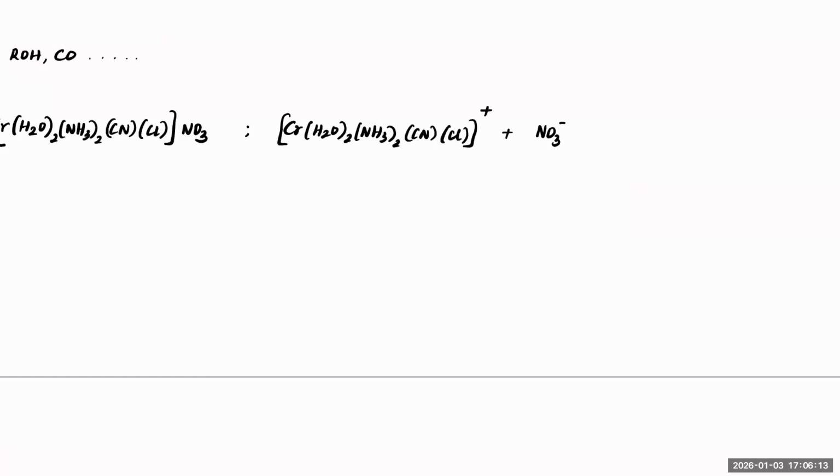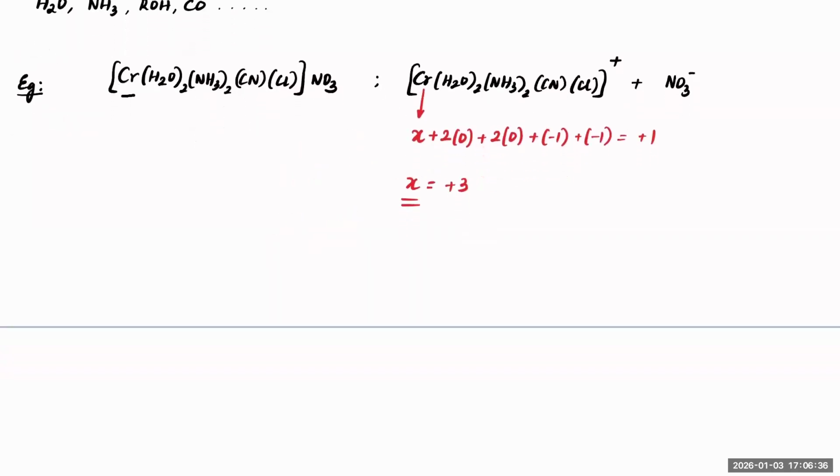Now here chromium is X, plus 2 times water is 0, 2 times ammonia is 0, cyanide is minus 1, chlorine is minus 1, overall it is plus 1. So X is equal to how much? Plus 3. Yes, that is the oxidation state of chromium.